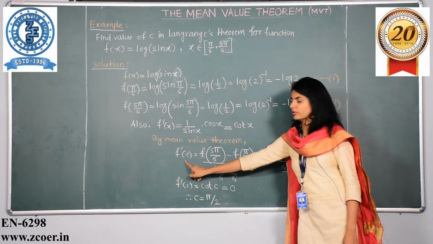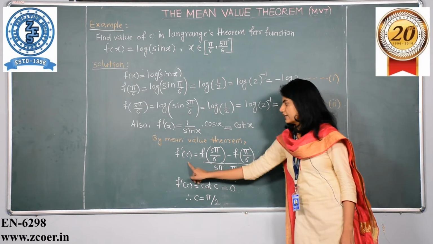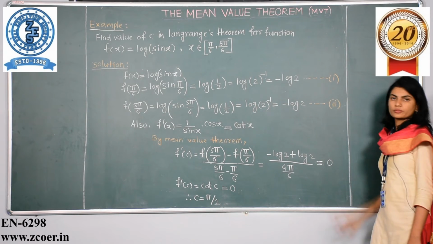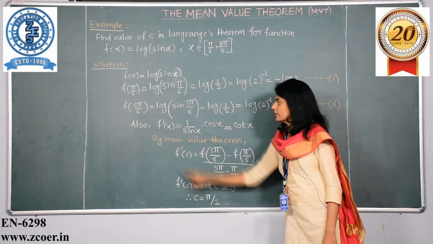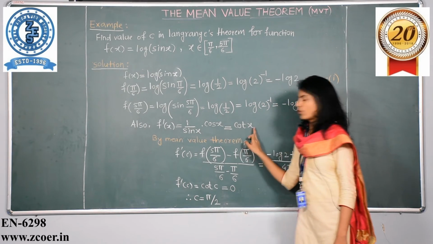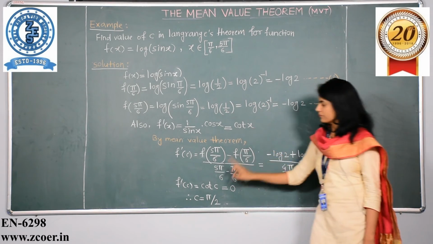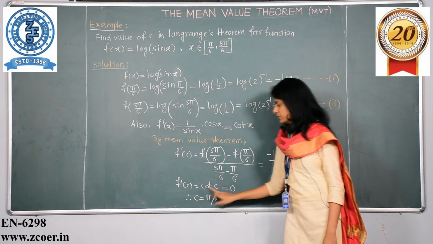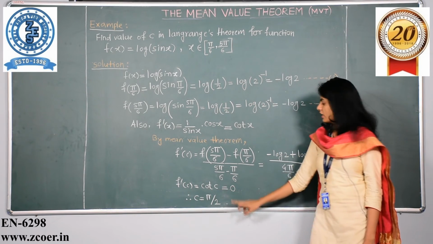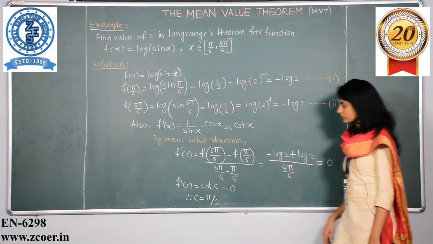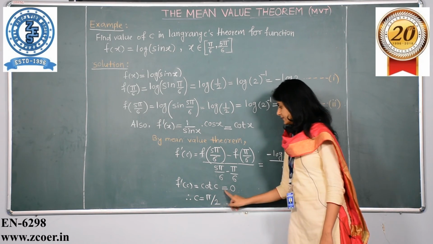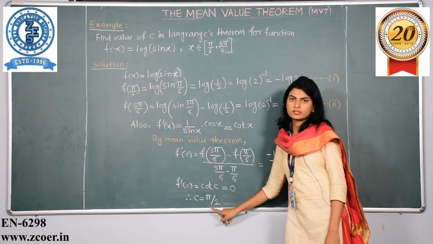So we got f'(c) as 0. Now we have written f'(x) is cot x, so by the mean value theorem f'(c) becomes cot c, and this is equal to 0 as we calculated earlier. So cot c is 0, therefore c becomes pi by 2.